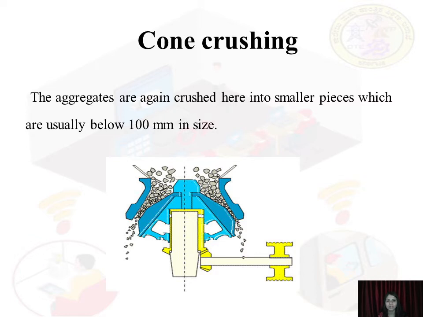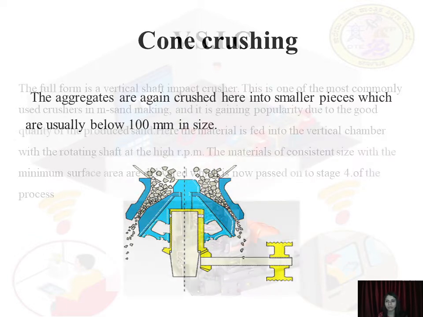Here the materials are crushed to a size of 90 mm, it may be 100 mm, which is less than 150 mm. The crushing action is caused by the closing gap between the movable member mounted on the vertical and the central vertical spindle, and you can see this in the sketch here. This is the cone crusher in which the stones are crushed into smaller pieces of size less than 100 mm.